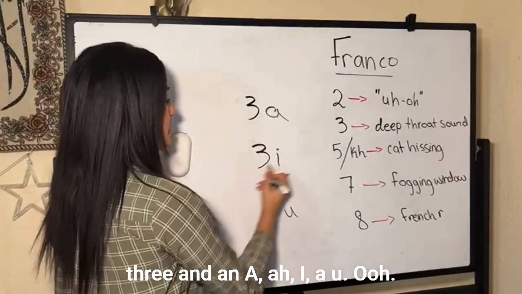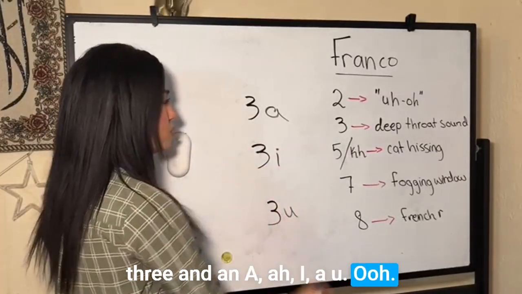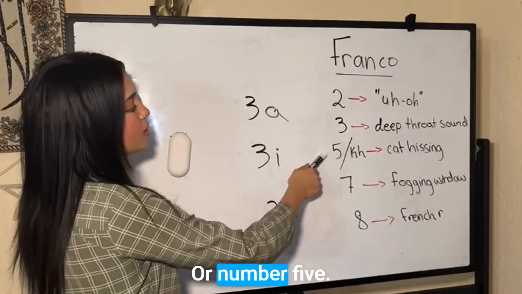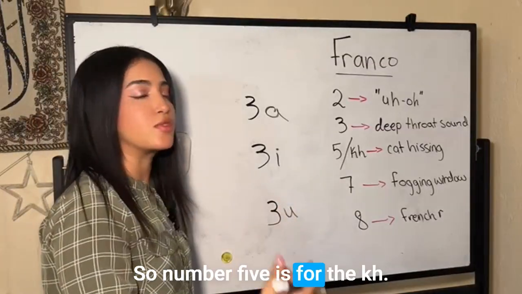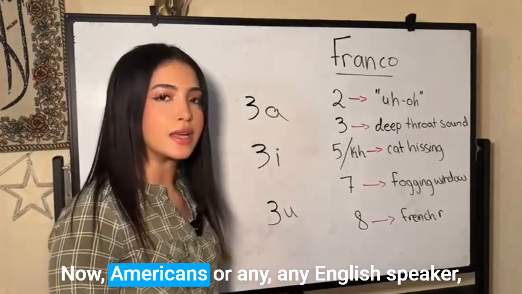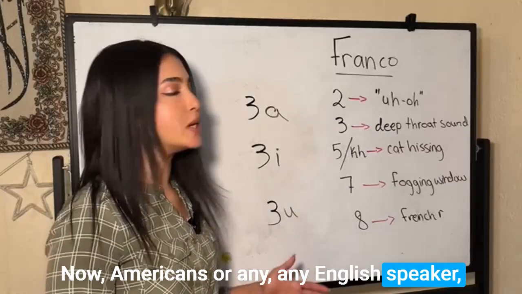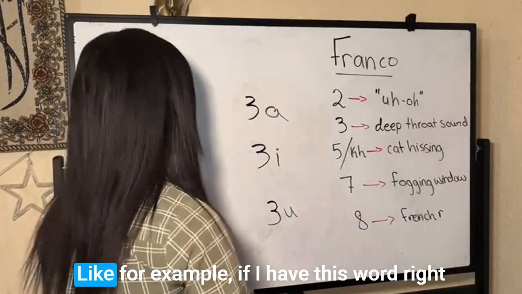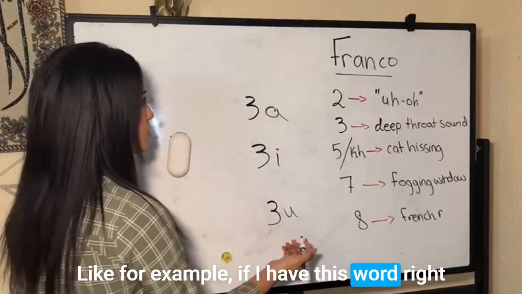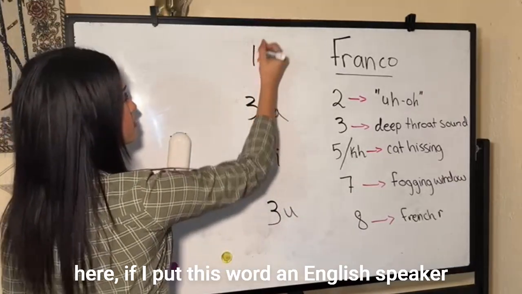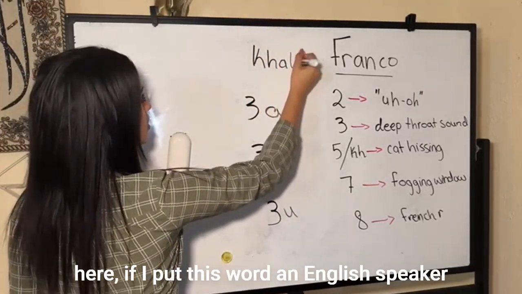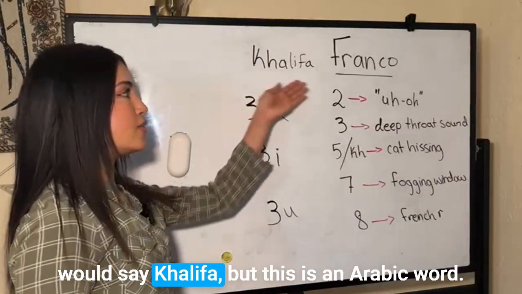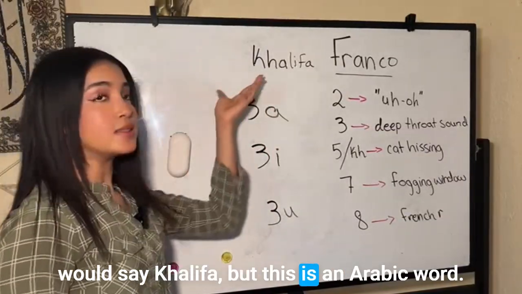I, E, U. If I have a number 5, number 5 is for the KH. Now Americans or any English speaker, when they say KH, think it's a K sound, right? Like for example, this word right here, an English speaker would say Khalifa, but this is an Arabic word.